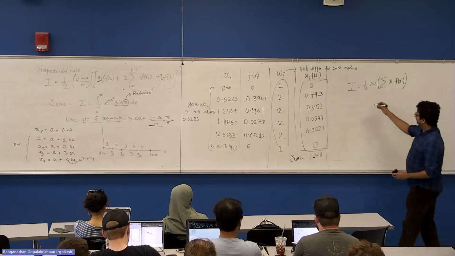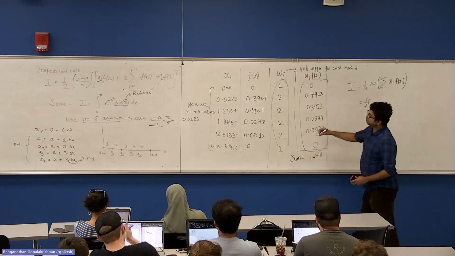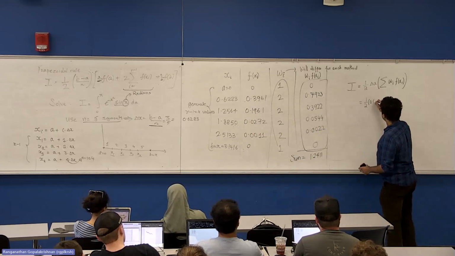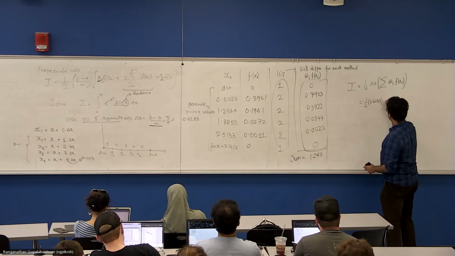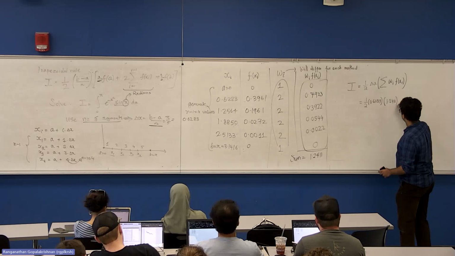So our integral value is going to be half times our delta x value, which is 6283.6283, and the sum value is 1.2411.